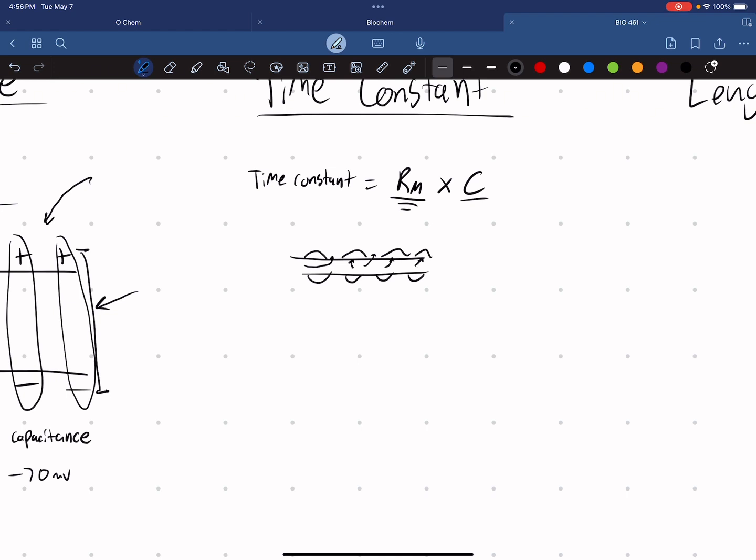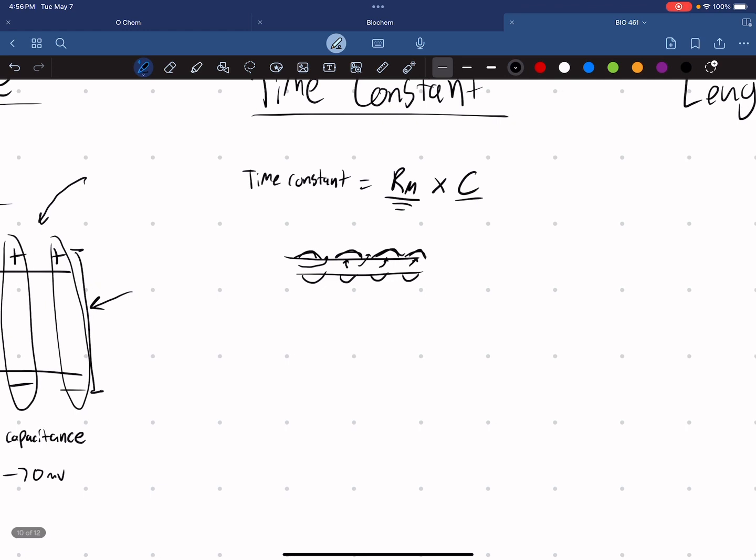So as the resistance increases, the time constant will increase because it will take a longer period of time for this depolarization to happen, simply because the myelin on these neurons will make it really hard for ions to pass in and out of the membrane. Specifically for a neuron, though, the resistance of the membrane increases while the capacitance decreases. So the effects of the time constant on a neuron will be fairly minimal.